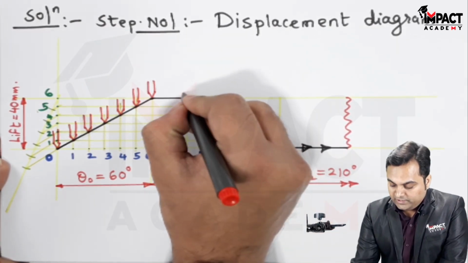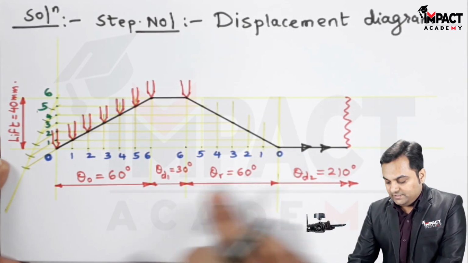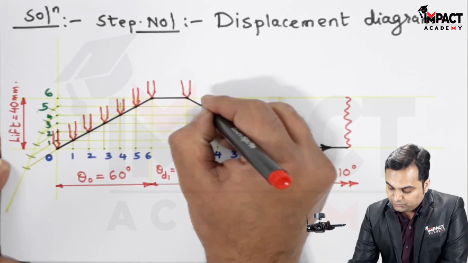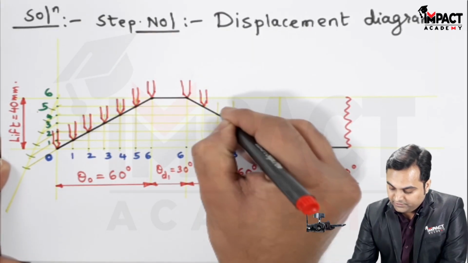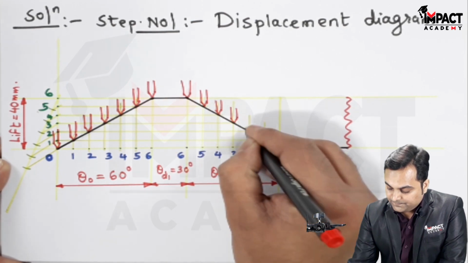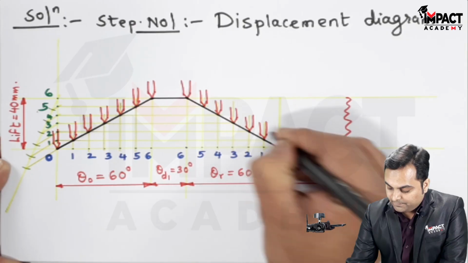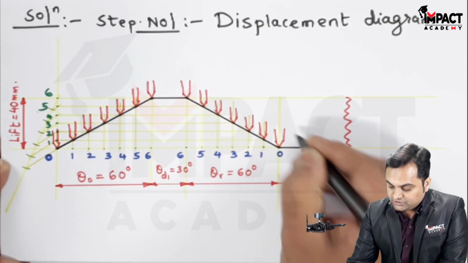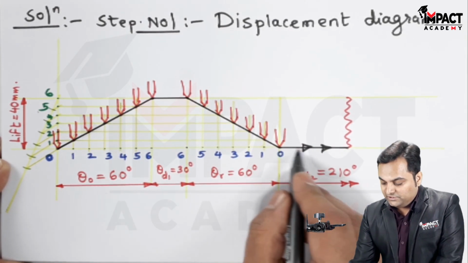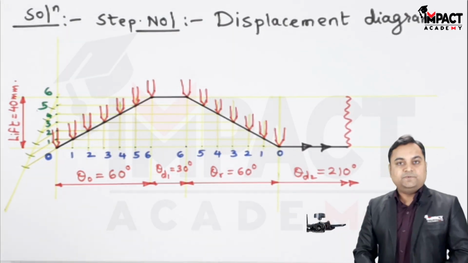Then it will dwell for the remaining 30 degree of cam rotation. Next, after that there is fall or return stroke, where it will fall with uniform velocity for the next 60 degree of cam rotation. And since it is returning, we can see here finally it will come back to the original position, which is point O, and at this position it will remain for the remaining 210 degree of the cam rotation. So this is the displacement diagram.